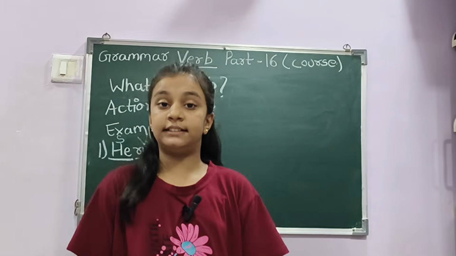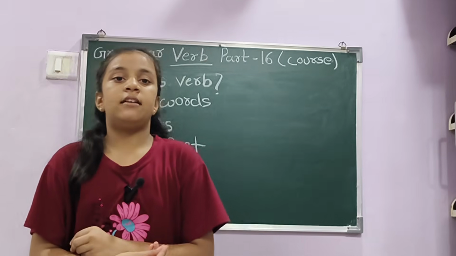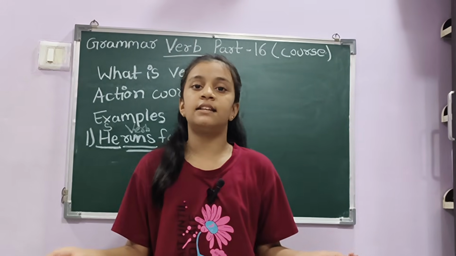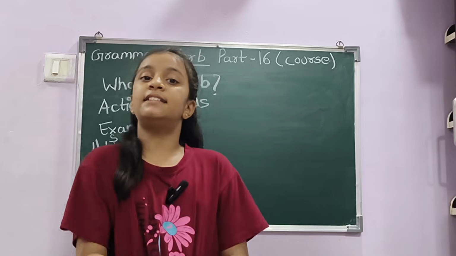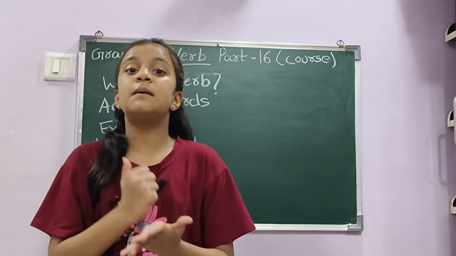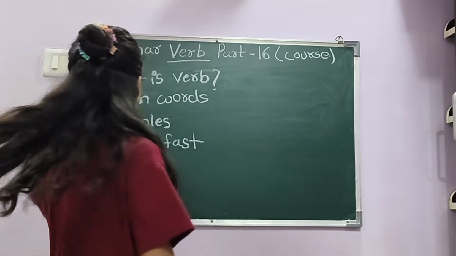Whenever there is an action word in a sentence, when a noun does the action, see, there is no sentence in which we do not do any action. So in each and every sentence, the action word, when the subject does the action, is known as the verb.